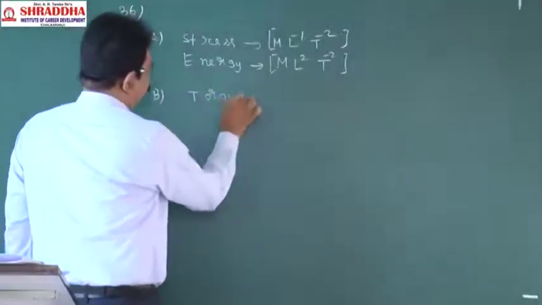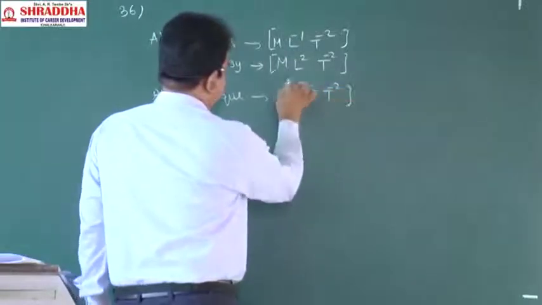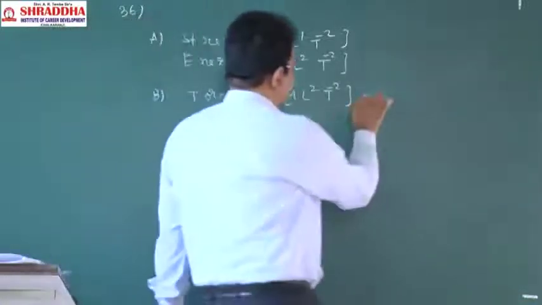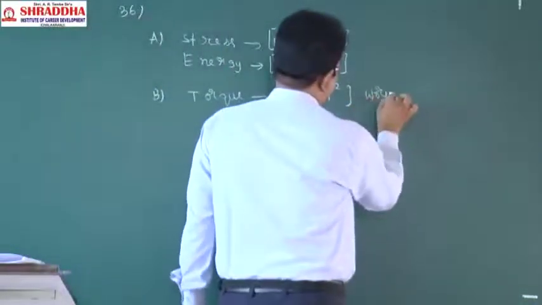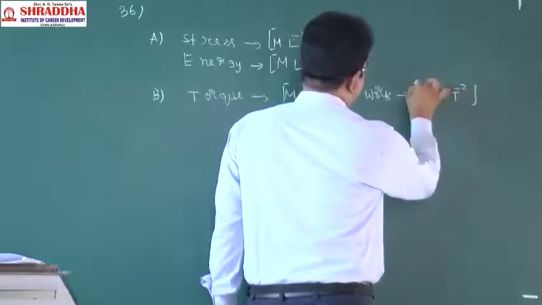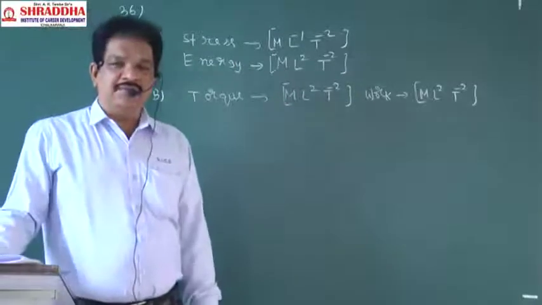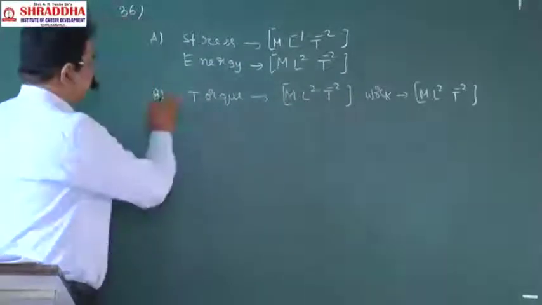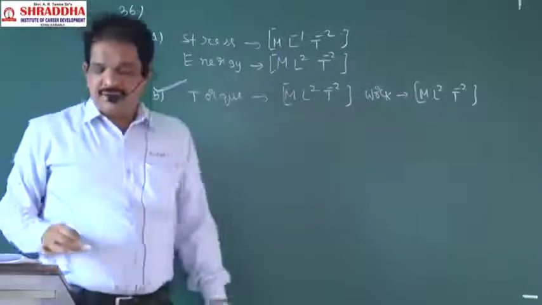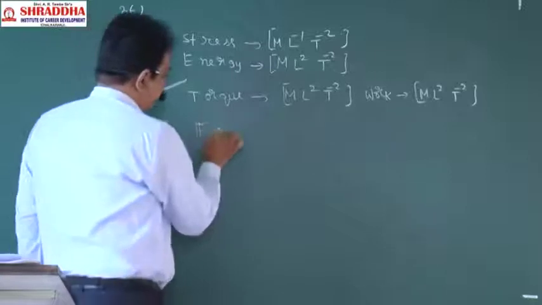Next, B. Torque, M L square T power minus 2. Next, work, M L square T power minus 2. Torque and work have the same dimensions, so this is the answer. Just remaining also we will check: force and work.